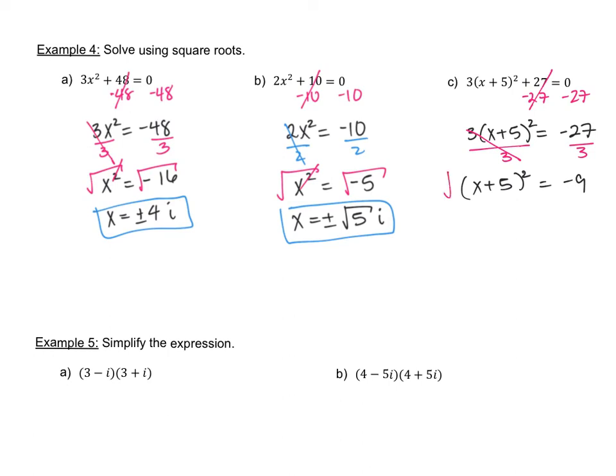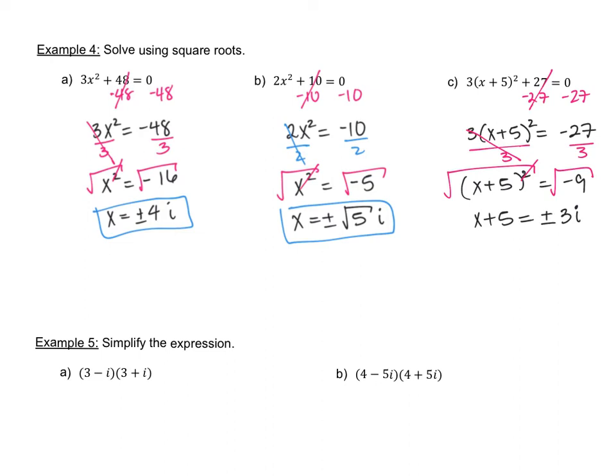So if I were to take the square root, the 2 and the root cancel, so I have x plus 5 that comes down. And then the square root of negative 9, let's think about it for a moment. The square root of 9 is 3, but because I have a negative, I need an i, but I need a plus and minus.